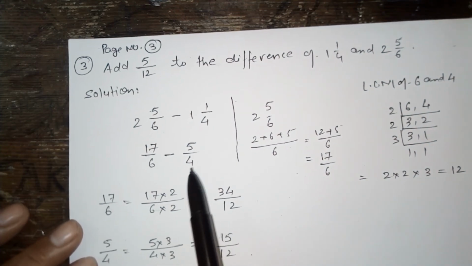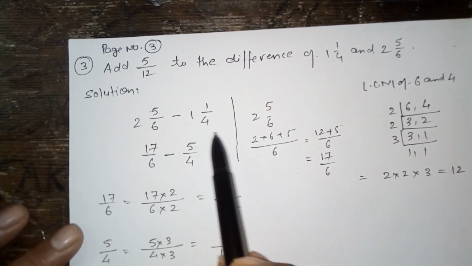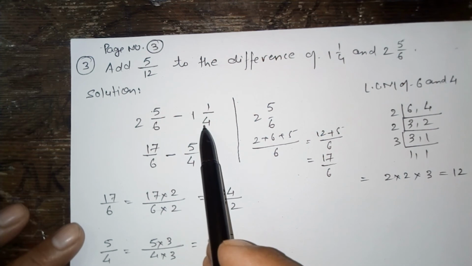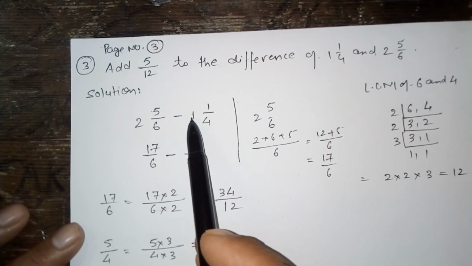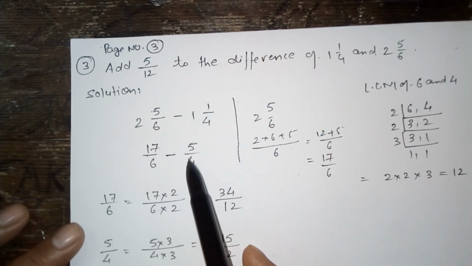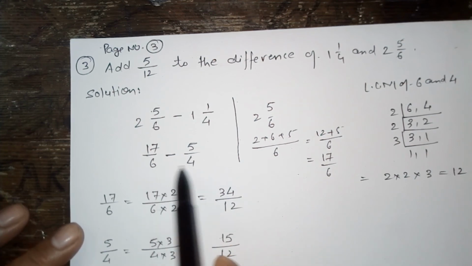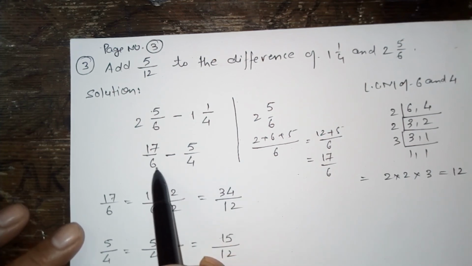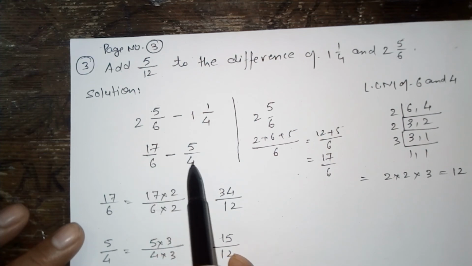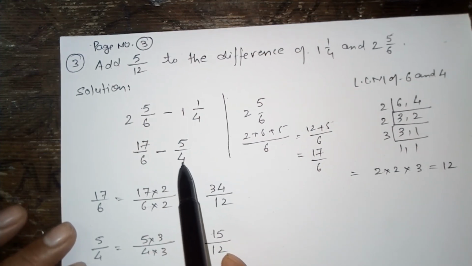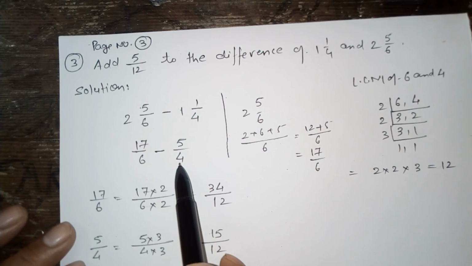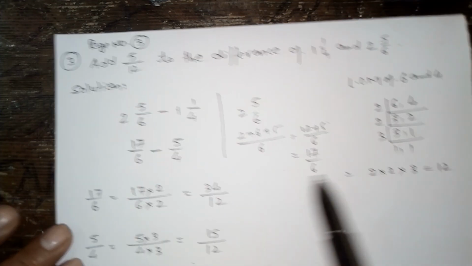Now we apply the same procedure for 1 and 1 upon 4. 4 ones are 4, 4 plus 1 is 5, 5 upon 4. These two fractions are unlike fractions. Unlike fractions are converted to like fractions. How? For this we will apply the LCM of 6 and 4.